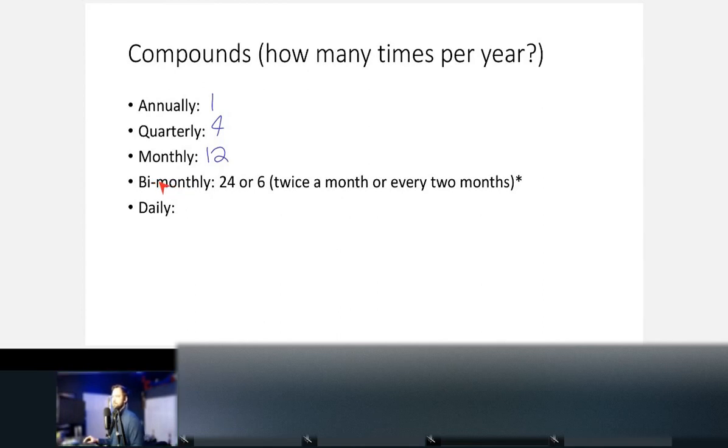And then daily. What is that amount every year? Yeah, 365. I'm going to say if they say bi-monthly, they're probably going to mean every other month.